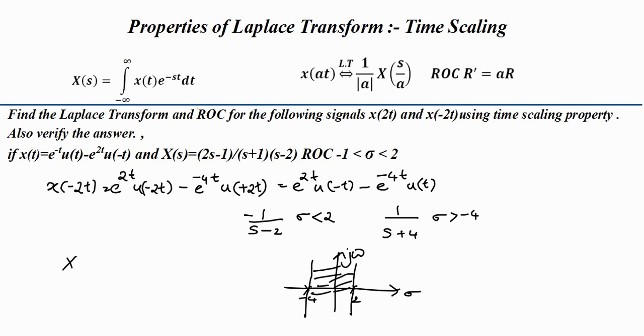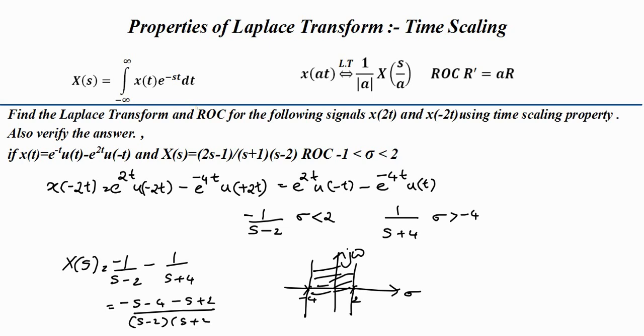So we can write the new signal X(s) like this: -1/(s-2) minus 1/(s+4). After simplification, we get (-s-4 - s+2), and the denominator becomes (s-2)(s+4), and the ROC is -4 < sigma < 2.